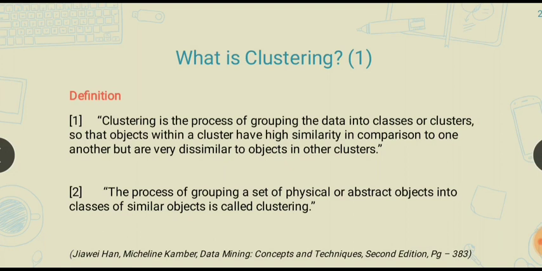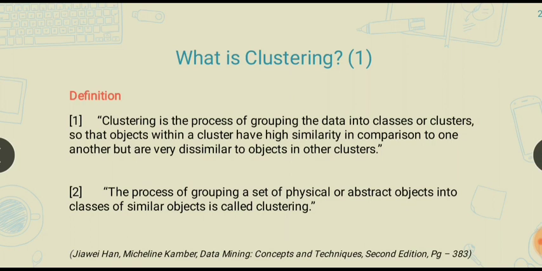That is, we're trying to say that clustering is the process of grouping whereby every element in a particular group is homogeneous, meaning the relation of that element with every other element in that group is very high, the similarity is very high, but the similarity of that element with elements in other clusters is very low.